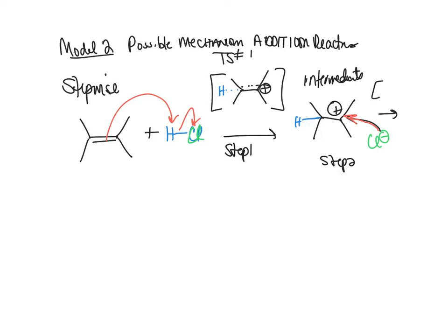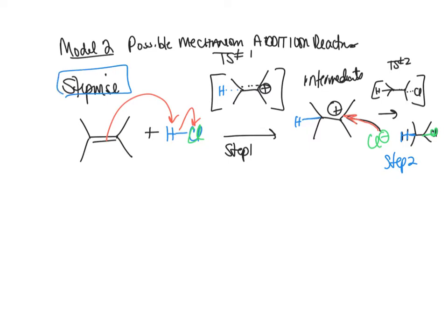In step 2, we have the transition state, because you have the second peak. And so Cl has added here, H is added here. And this is step 2, which should be over the reaction arrow. All right, and this is stepwise.